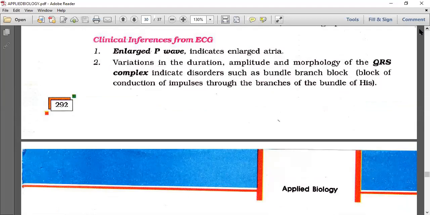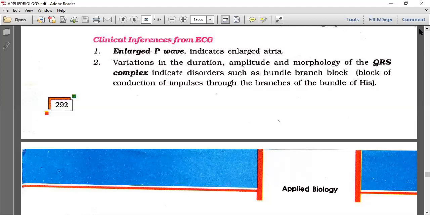We don't have these clinical inferences in NEET because there is no representation in NCERT, but those writing the MSET examination for agriculture regularly get questions from these 6 points. So MSET aspirants, just watch there.